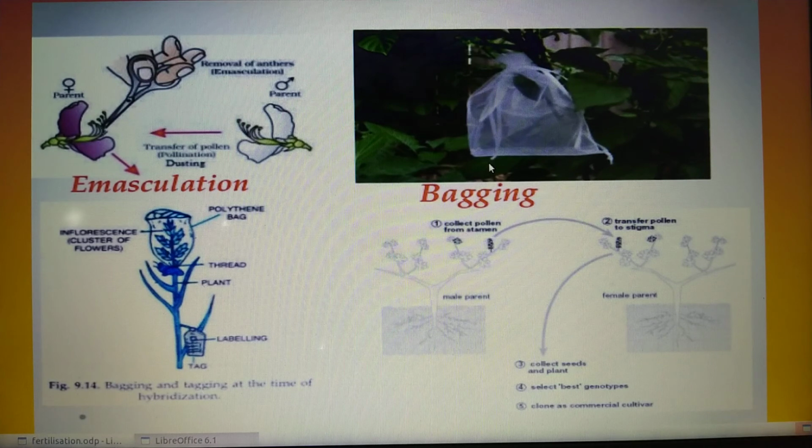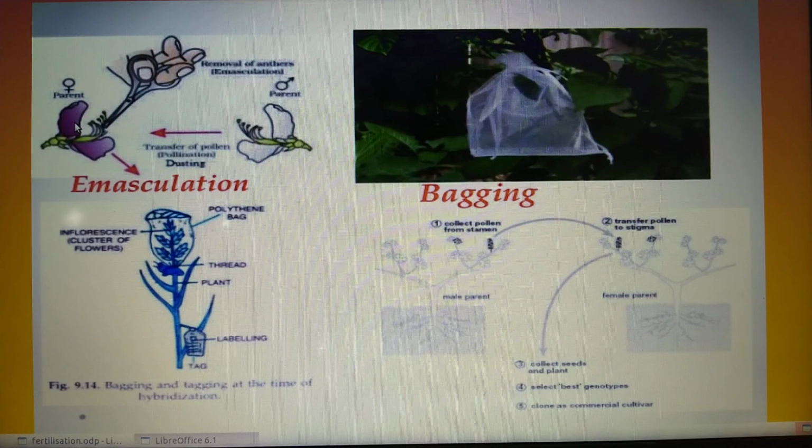That means the fertilization process, formation of embryo, formation of endosperm, etc. Finally, we can collect the seeds. The seeds on germination give new plants, which are commonly called hybrids. The hybrids may have characteristic features of both the male parent and the female parent.